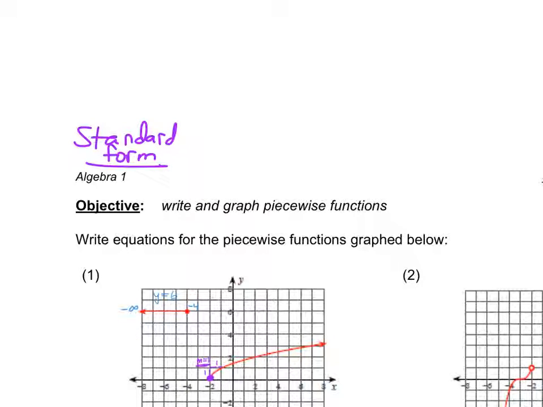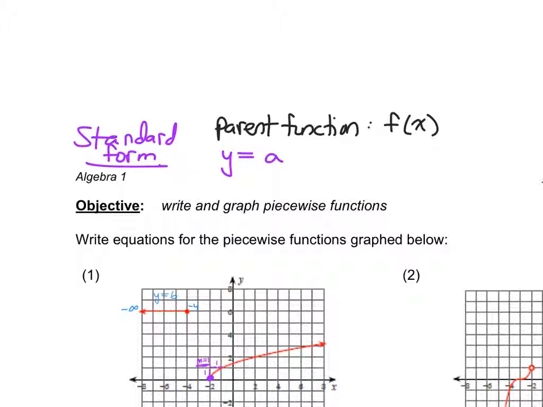Now, let's say that the parent function is f of x. The standard form for any function is going to be y equals a times f of x minus h plus k.